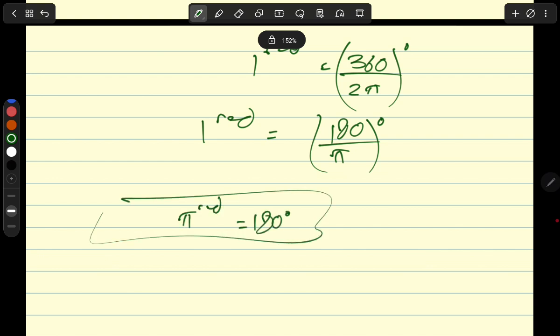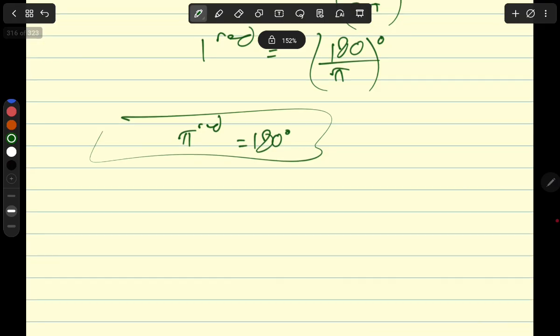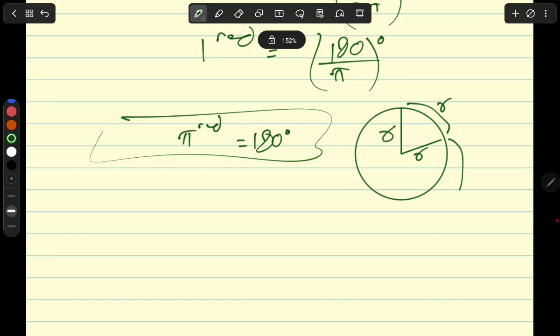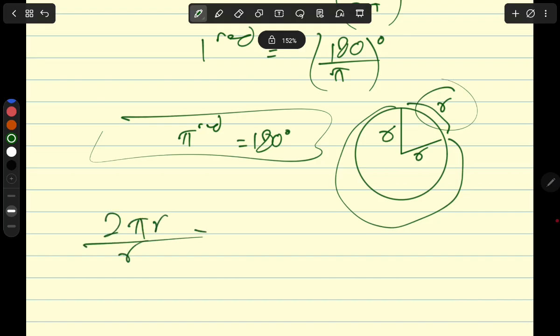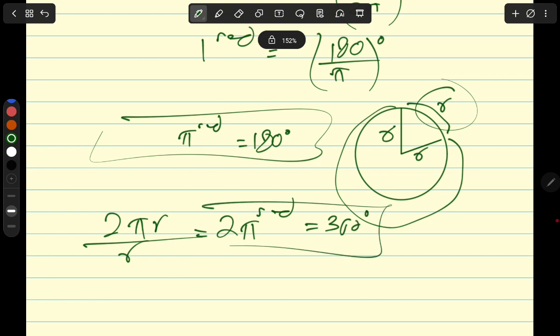We just took the convention that 1 radian corresponds to 1 arc length, which is equivalent to the radius, and there are 2 pi such radii on the circle, so 2 pi r divided by r is the number of radians inside a circle, and there are 360 degrees, so they are equivalent units.